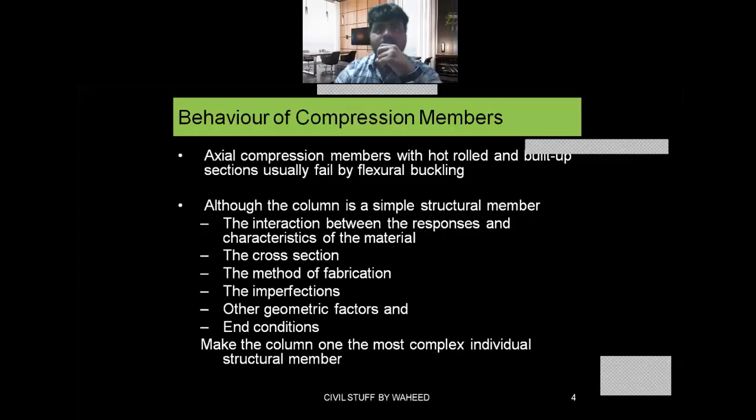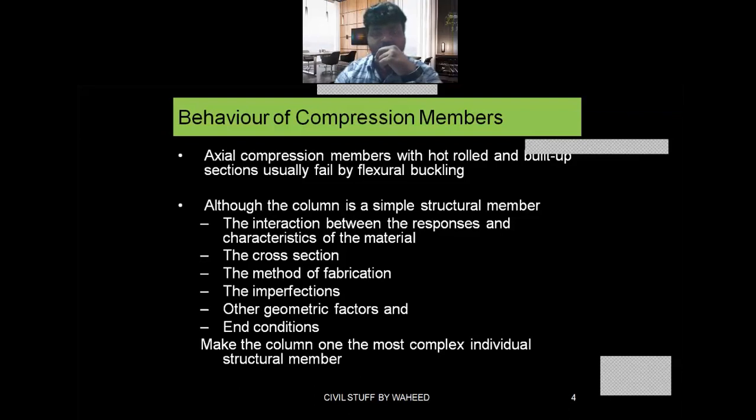So what are the general end conditions? Both ends fixed, one end fixed and one end hinged, both ends hinged, one end fixed and one end free. These are ordered from higher to lower load carrying capacity.